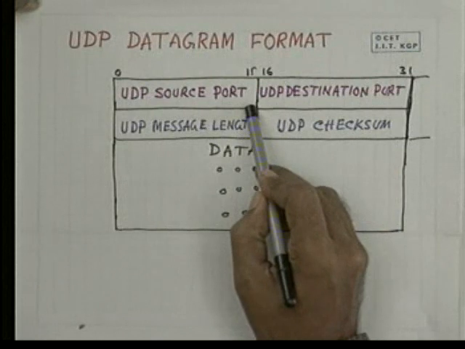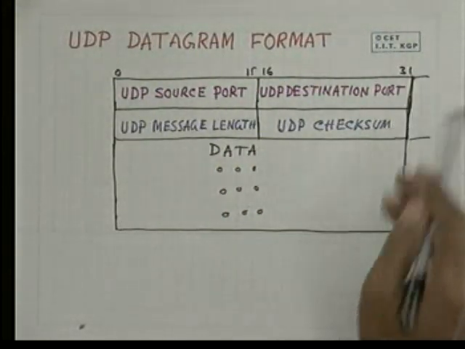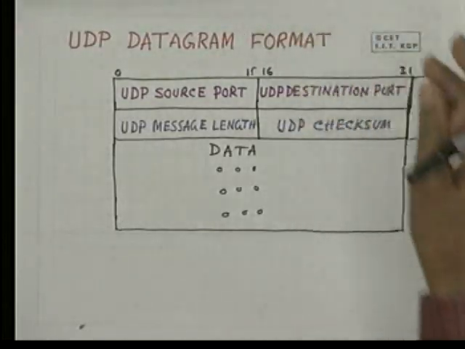So we find that a concept called port has been used. What is the concept of port? It is an abstract destination point that can be referred to by a port number.